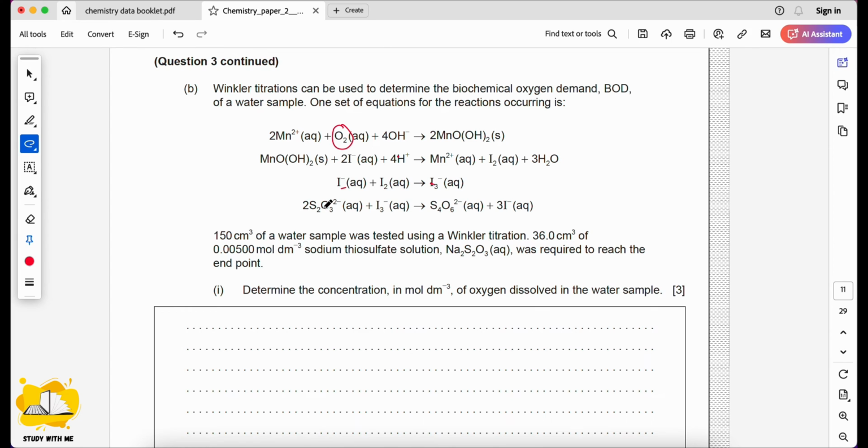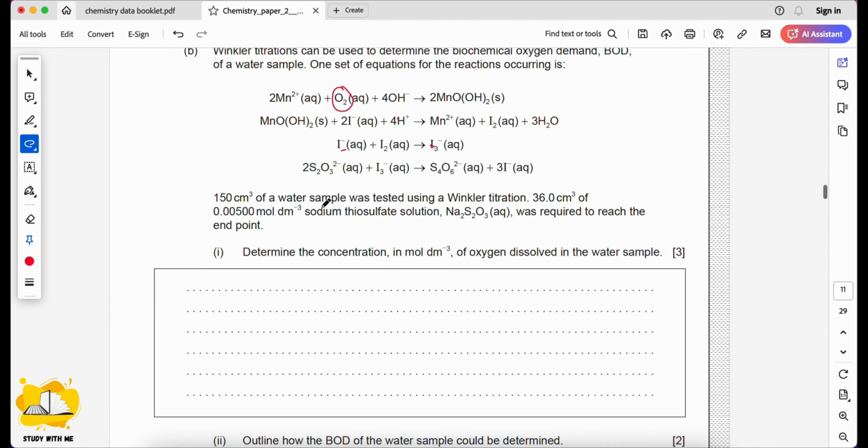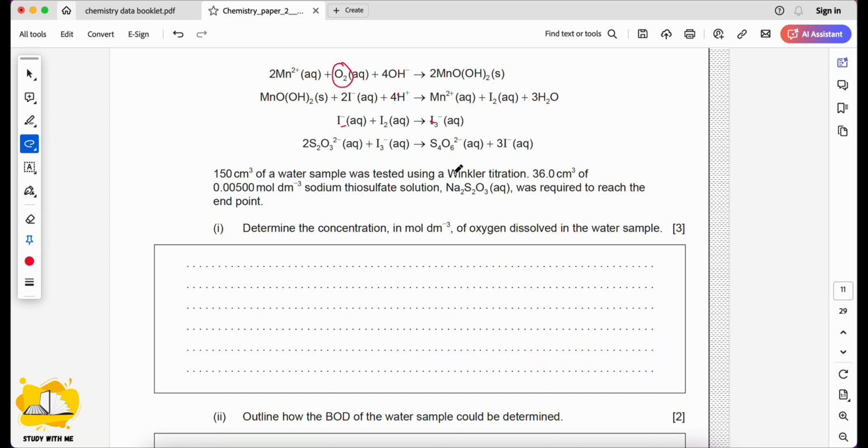So measuring the volume of thiosulfate ion can help to calculate dissolved oxygen. So determine the concentration in mol dm^-3 of oxygen dissolved in the water sample.